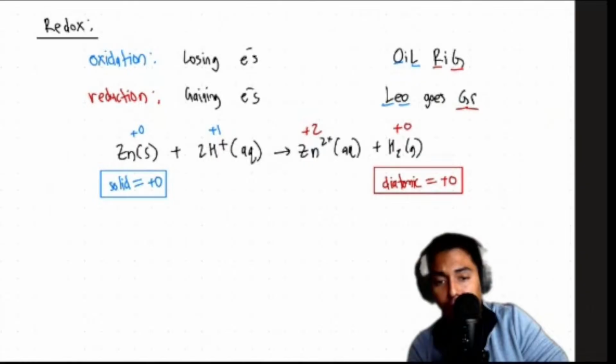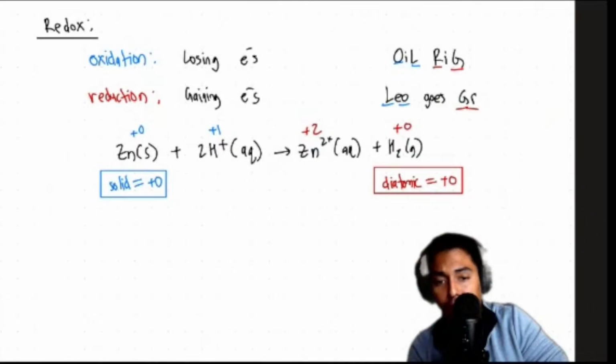So +0 to +2, you're going to be losing electrons here. Zn was +0 and then it became Zn2+. So that means we're losing 2 electrons. And we said that losing electrons was oxidation.